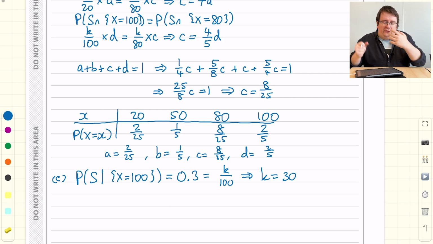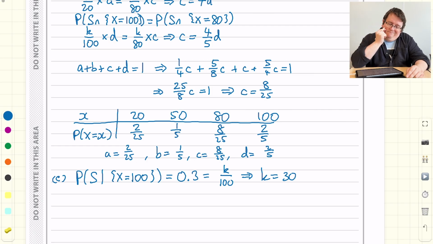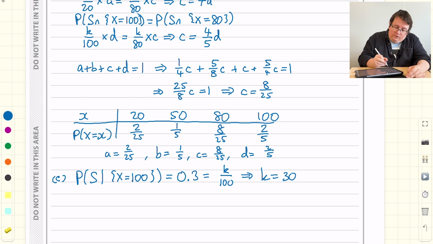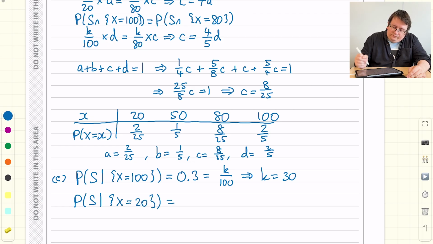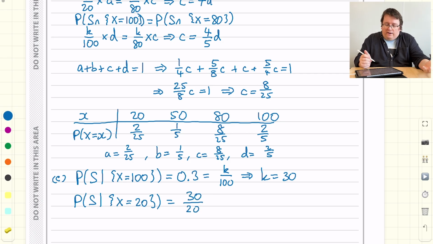So the question is, does that work for all other values? So let's check, shall we? If we tried it with the probability of S, given that X is 20, so if we start with that one and work our way through, it's 30 over, well, X, isn't it? It's K over X. So you get 30 over 20, and that's greater than 1. So we've already found a reason why the model doesn't work.